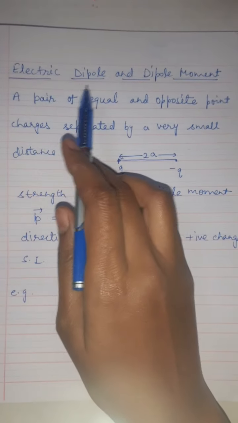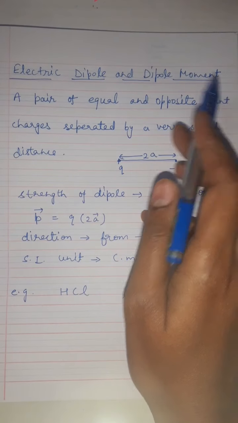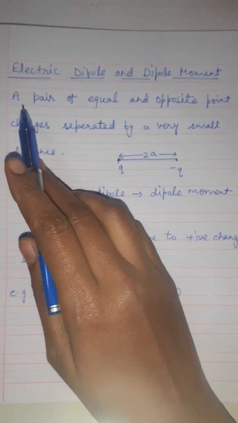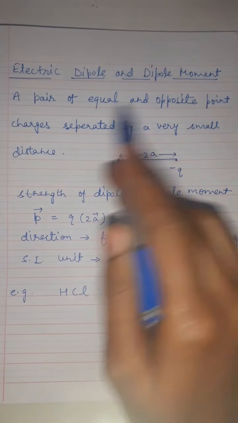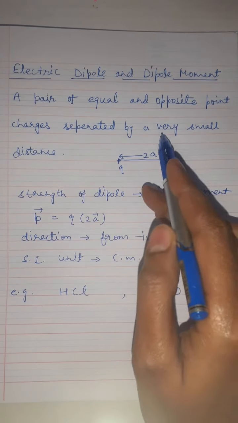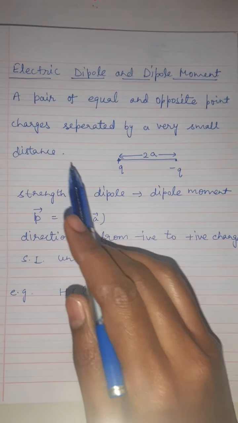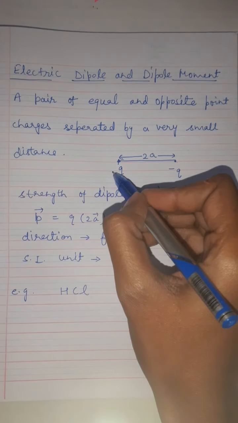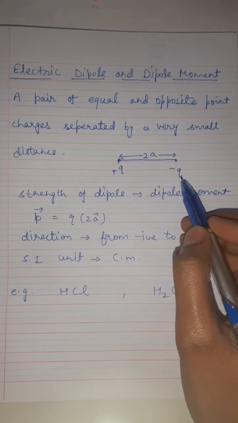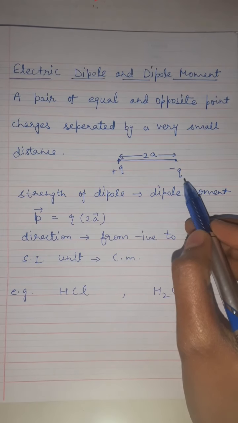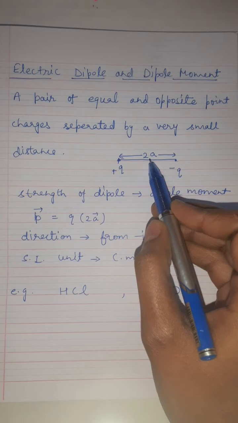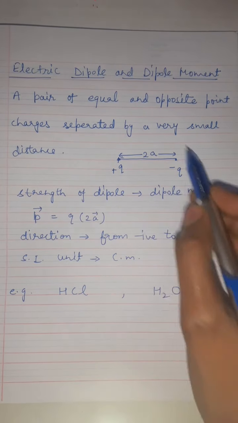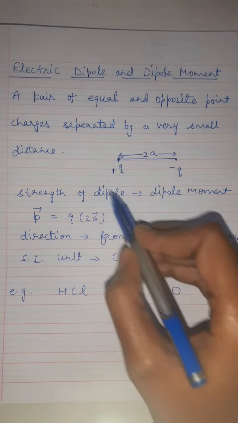Now, the electric dipole and dipole moment. What is an electric dipole? It is just a pair of equal and opposite point charges separated by a very small distance. It means there will be a positive charge and a negative charge. Both these charges are point charges and they are separated by a small distance, say 2a. So this system is called an electric dipole.